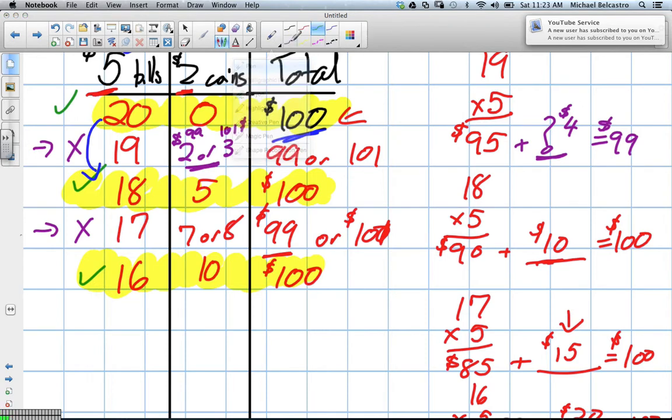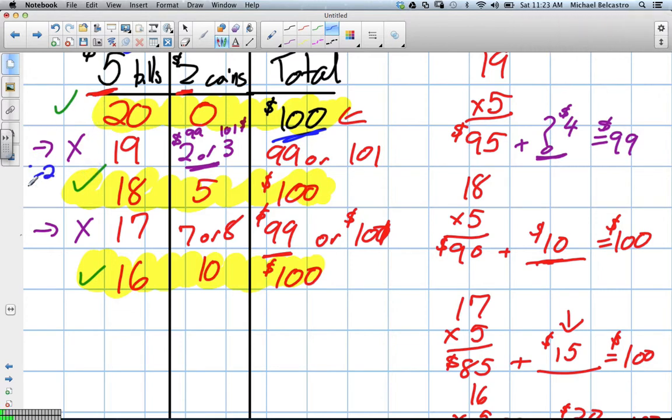And we went up or down? Down. We went down 2 $5 bills every time, right? So our first one we went down 2, the second one we went down 2. Does that make sense? What about our $2 coins? What was it changing by each time to get to a pattern that worked? 5. And we went up or down 5? Up.